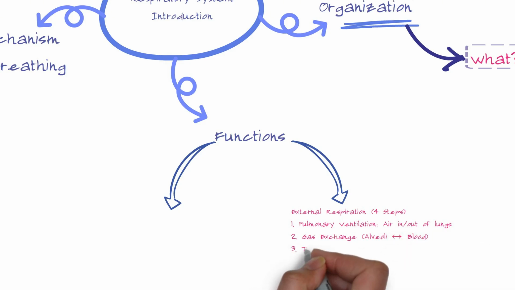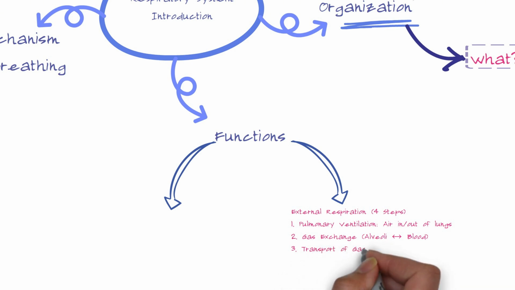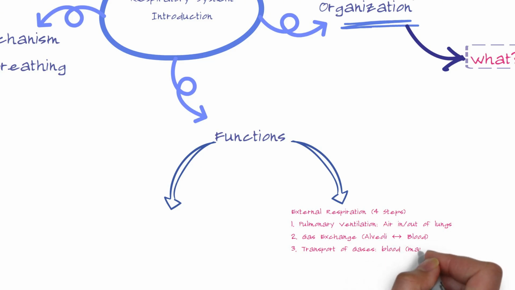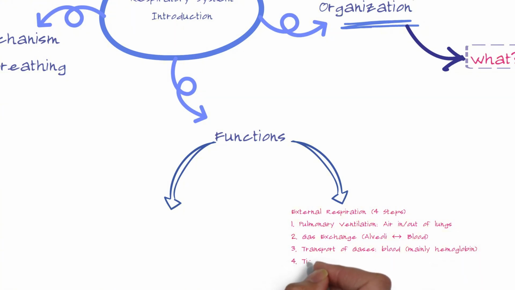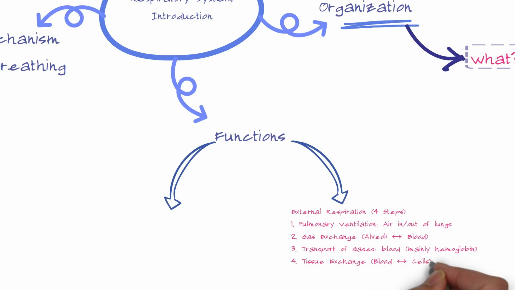Then transport of the gas in the blood, in which the oxygen is transported in a dissolved form or carried by the hemoglobin, and then tissue exchange, which occurs between the blood and the cells. Oxygen moves from the blood to the tissue, and carbon dioxide from the tissue to the blood. And the internal respiration occurs inside the cell in the mitochondria.